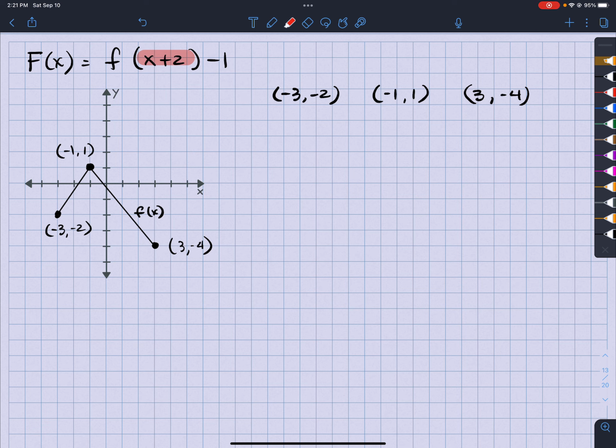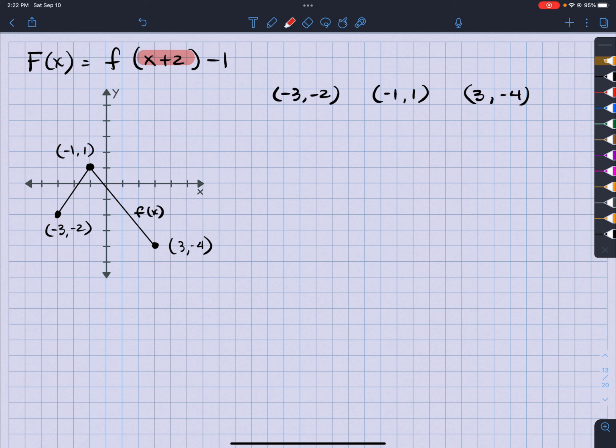The order of operations is backwards, so I have to do the addition, subtraction first, and then the operation itself is backwards. Since this is saying +2, I have to subtract 2. And everything inside the parentheses only affects the x value, so this is telling me to take the x value and subtract 2.